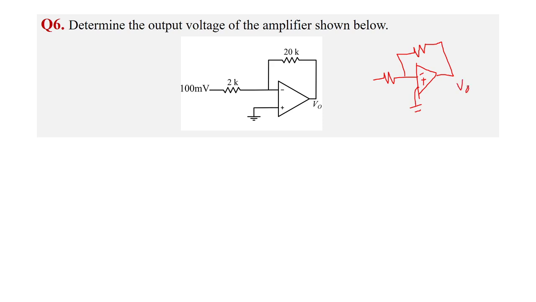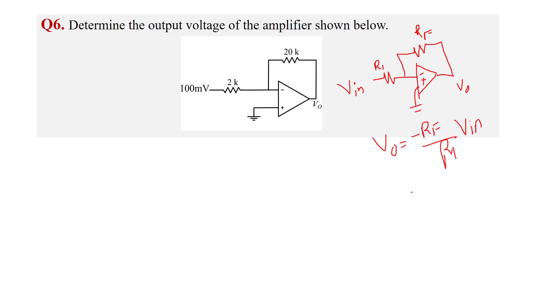Okay, so V0, Vin. Say this is R1 resistance, and this is RF. So what is V0? V0 equal to minus RF by R1 into Vin. Pardon me for my bad handwriting. I am trying with my mouse.